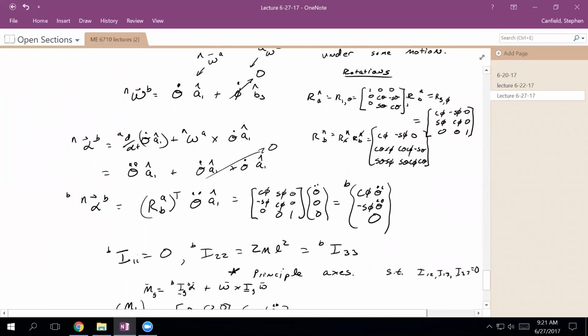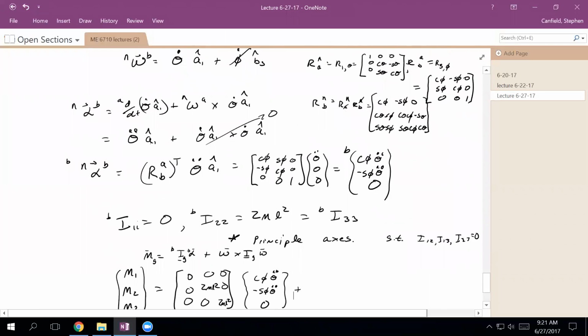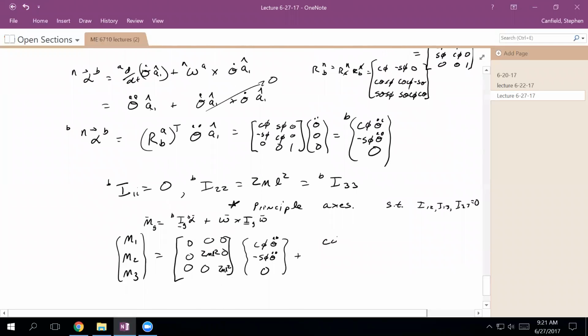And to speed things up a little bit, I can see that I'm going to get a cos phi theta dot, a minus sine phi theta dot, and 0. Crossed again with this diagonal times c phi theta dot, negative c phi theta dot, and 0.